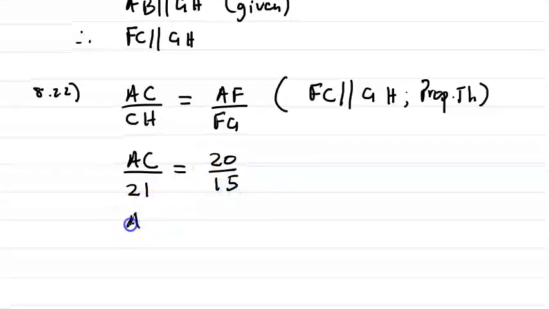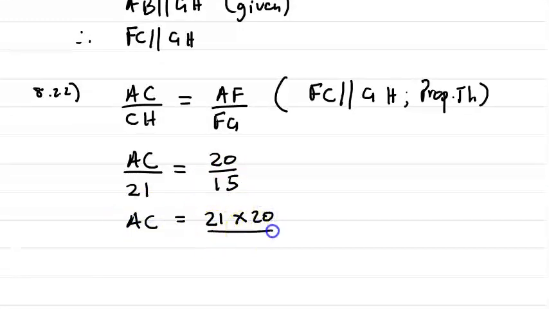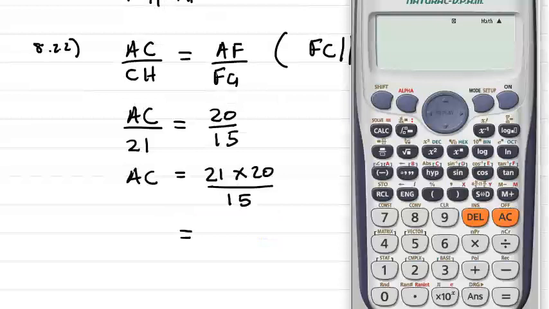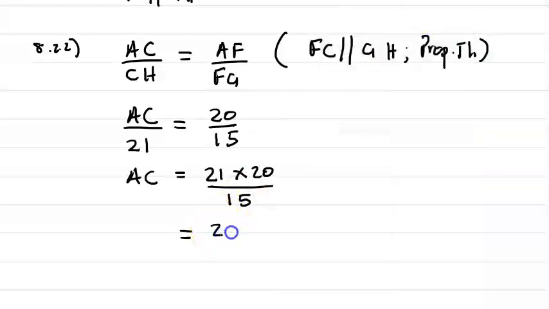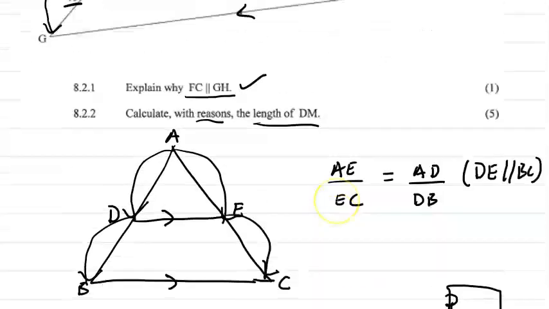So let us now solve for AC. Therefore, AC will equal 21 times 20 all over 15. So let's put that in our calculator. 21 times 20 all over 15 gives us 28. So AC is equal to 28.